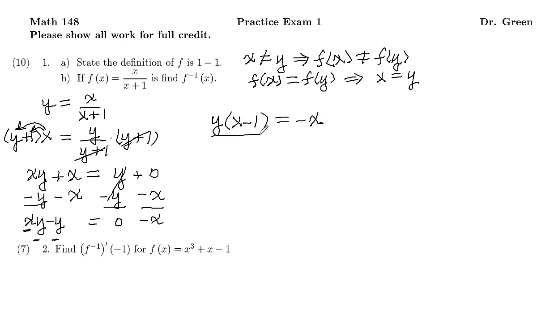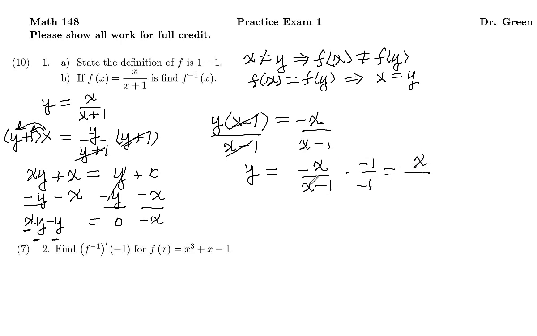And now we can divide off that x minus 1. So now these cancel, and we've got left y equals negative x over x minus 1. An equivalent way to write that, if we multiply the top and the bottom by negative 1, is negative x times negative 1 on top is x.